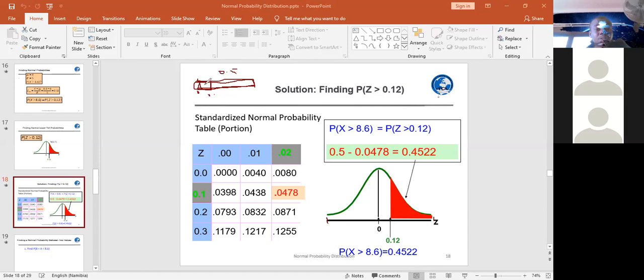But the question is not interested in this part of a ruler. We want the other part. The question is looking for the other part, but the table gives us this part. So what can we do to get the other part?